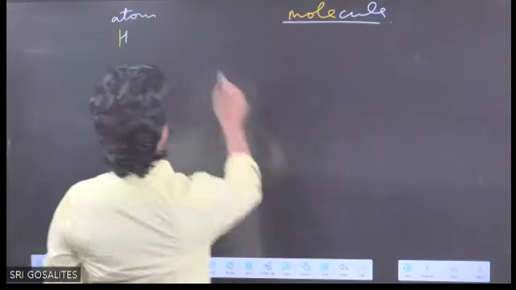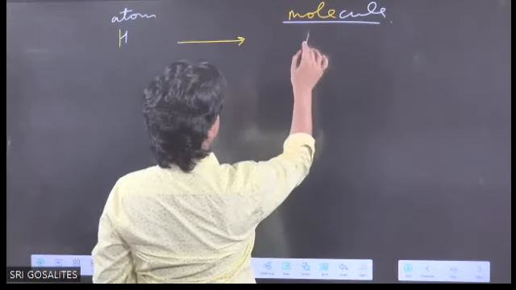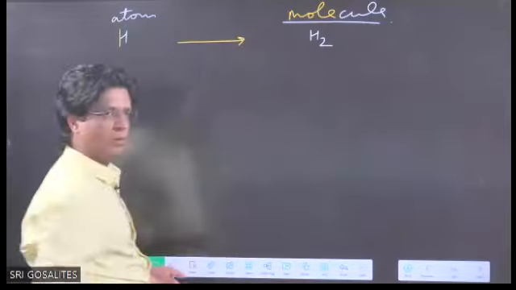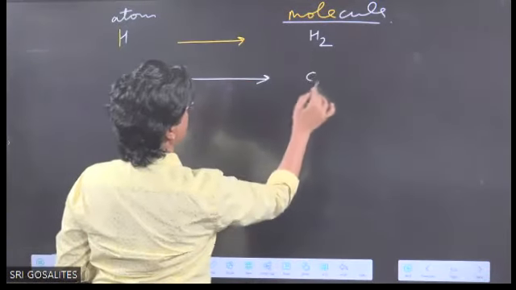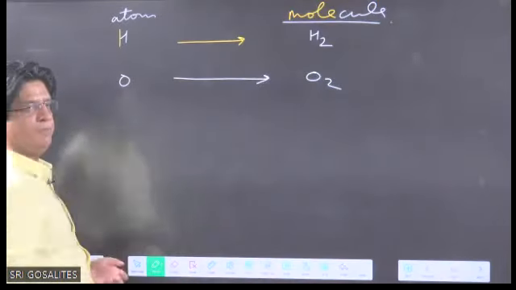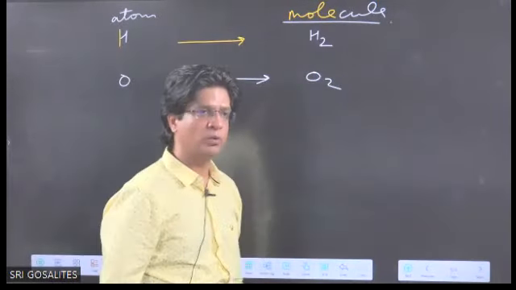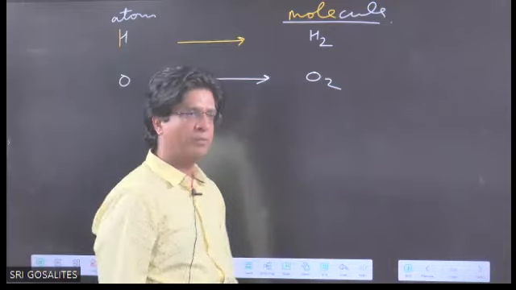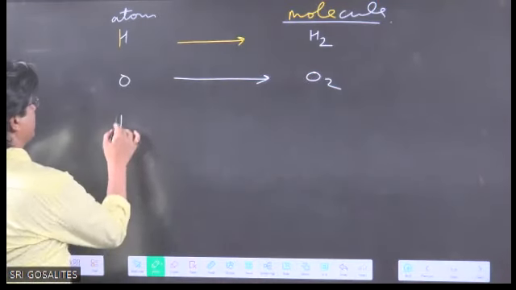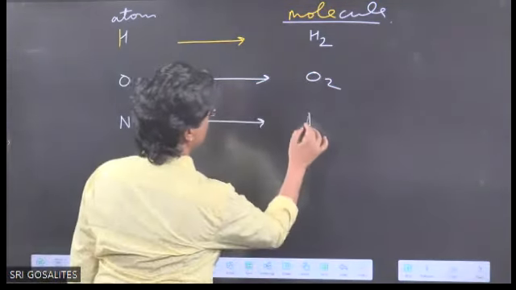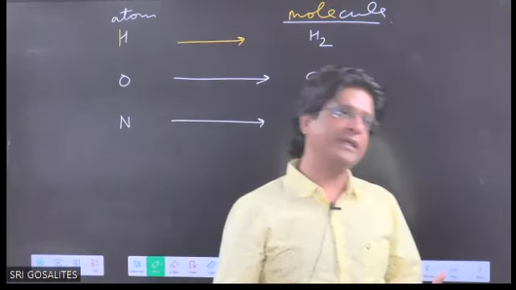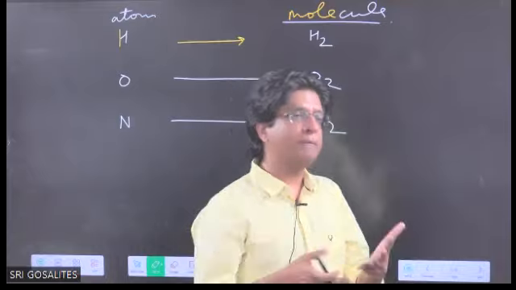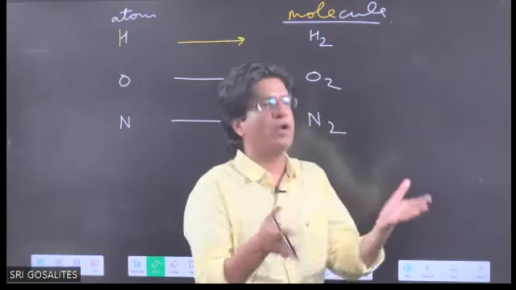For example, a molecule can be H2. Similarly, I can have O, and the molecule will be O2. O is the oxygen atom and O2 is the molecule, a combination of atoms. And N will be N2. We can also combine different atoms to form a molecule.